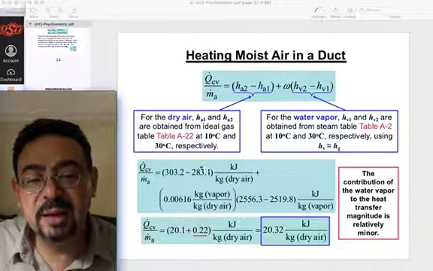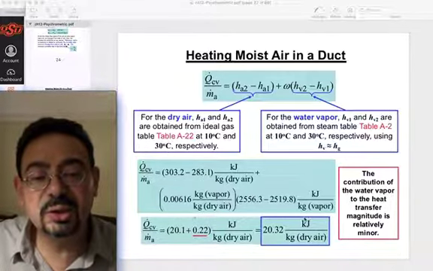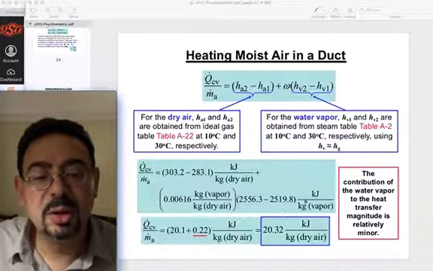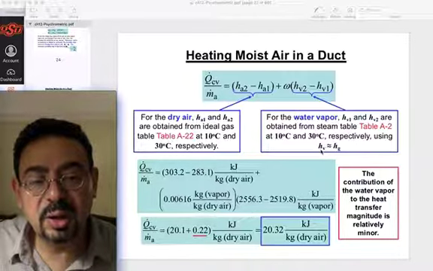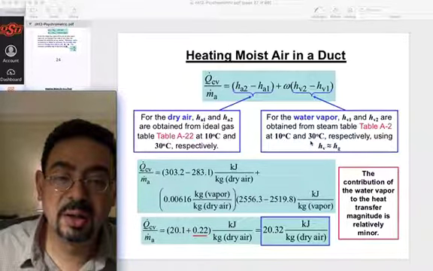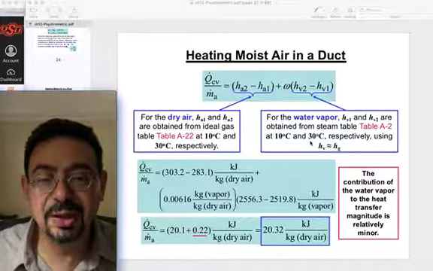So the delta h for the dry air is 20, and the delta h of the water vapor, because it's multiplied by a very tiny omega, 0.006, ends up 0.22. So whether you end up using the correct h vapor or you approximate it to the Hg, which is the saturation enthalpy at those temperatures, regardless of the fact that I'm not at saturation, I'm actually lower, right?